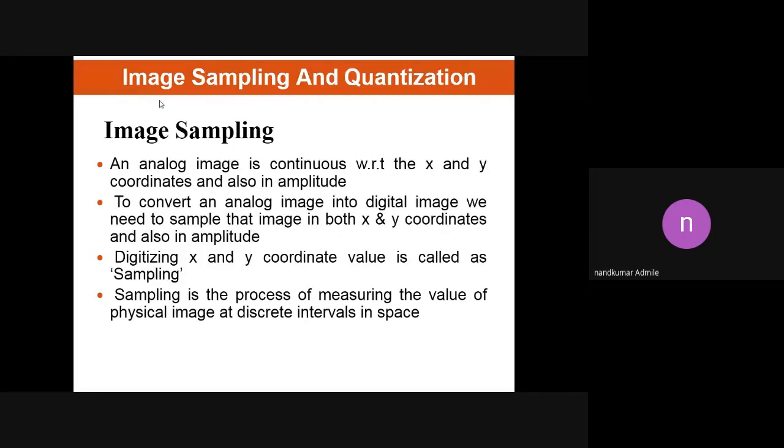Okay, so by using sampling we can measure the various discrete intervals. What are the various pixels present on the x and y intermediates, it may be at any position. So we can measure this type of pixels by using sampling.